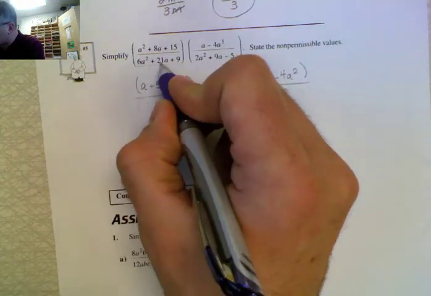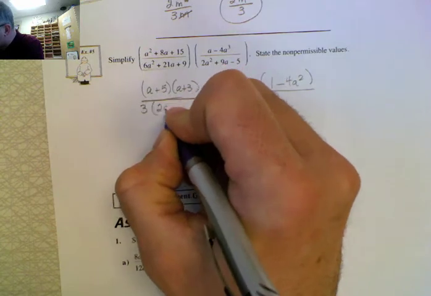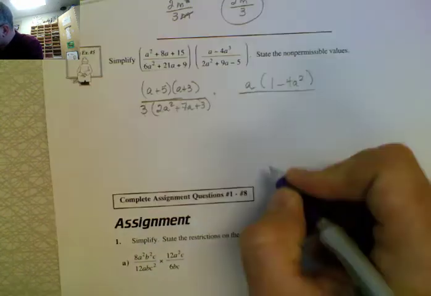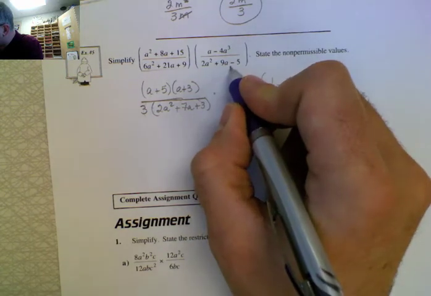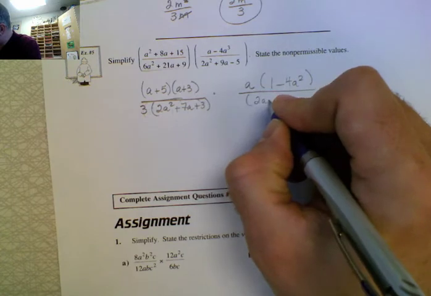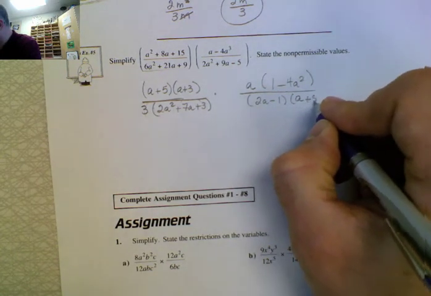We can actually take out a common factor of 3 from all of these terms. So that leaves me with 2a squared plus 7a plus 3. And nothing I can do to take out a common factor there, but if I factor that, I get 2a minus 1 and a plus 5.